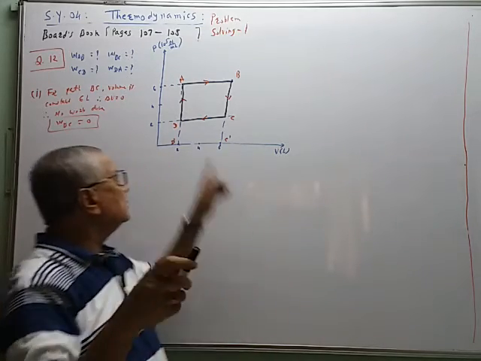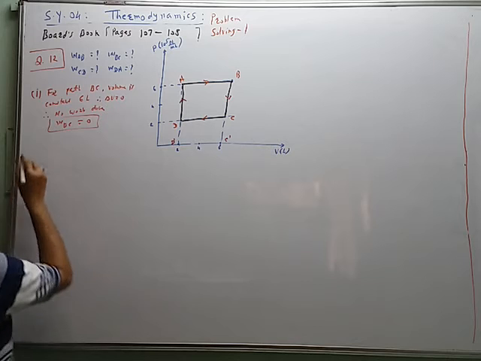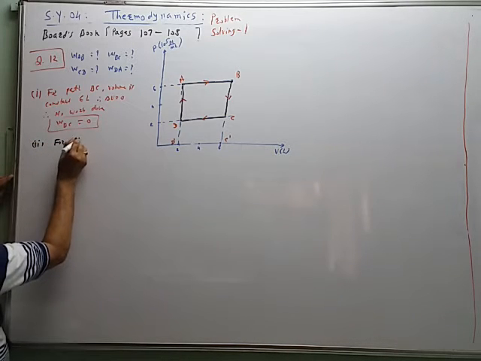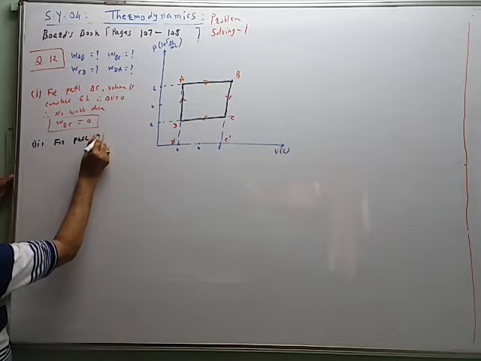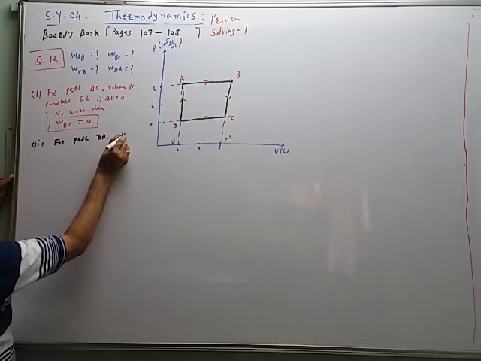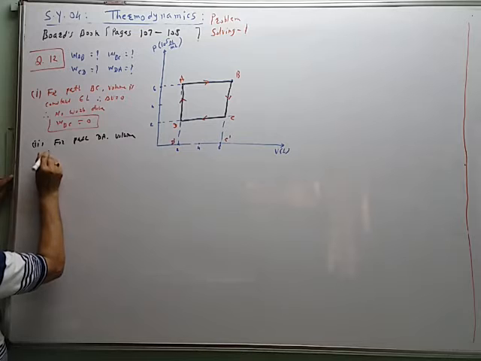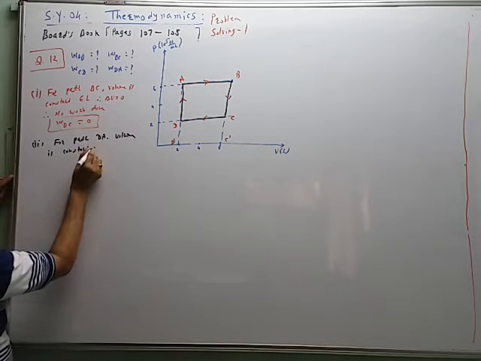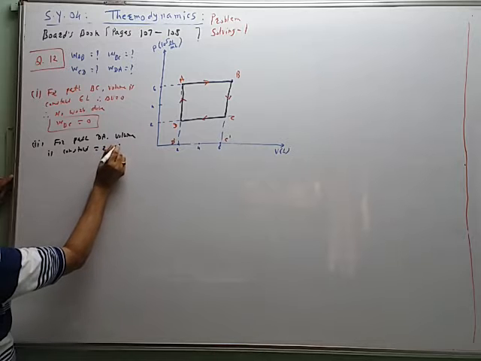Now consider this next case, DA. For path DA, volume is constant equal to 2 liter.